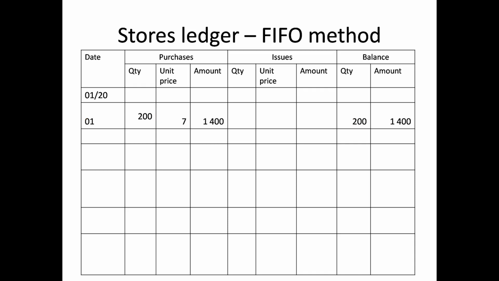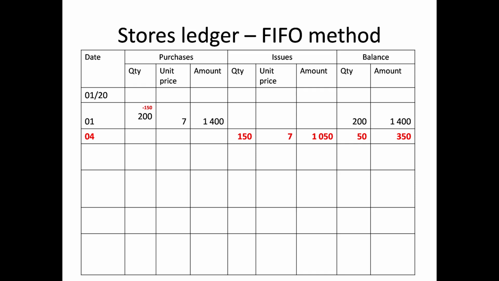Then the next transaction. 4th of January, sold 150 units. Under date 4, under issues quantity 150. Now we need to find out the unit price. Under first in first out method, you have to refer to the oldest inventory you have. The oldest inventory is the 1st of January purchased inventory.